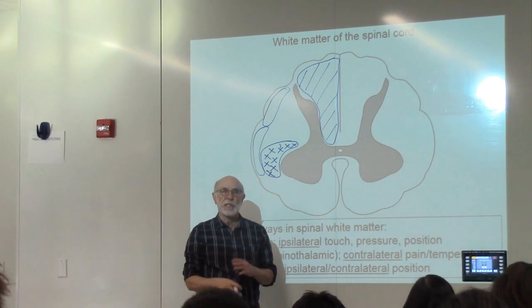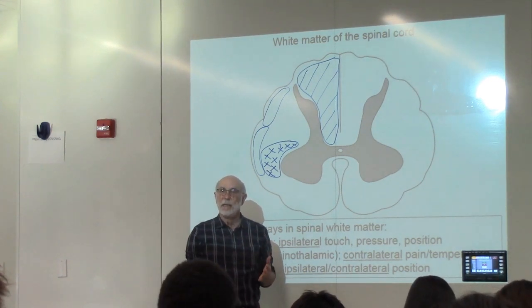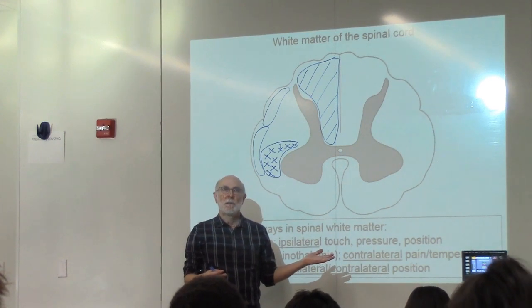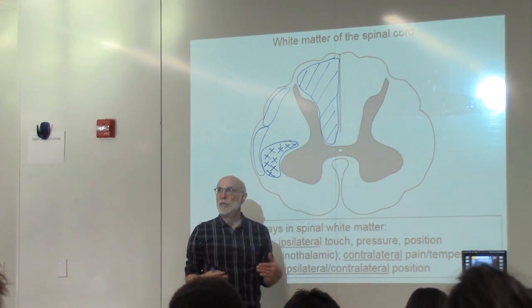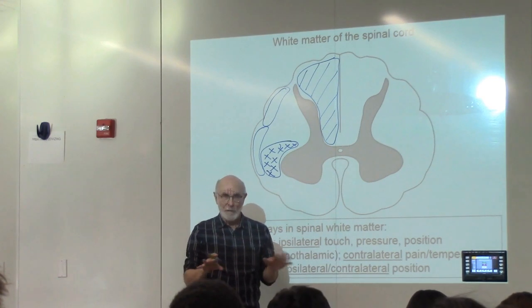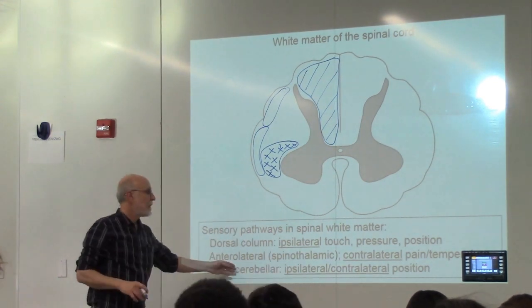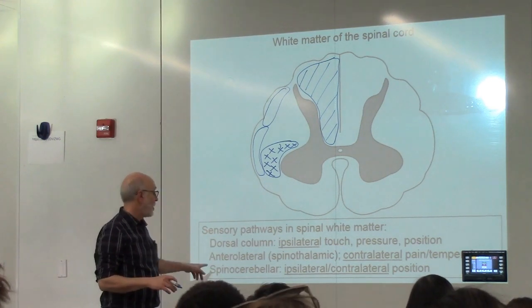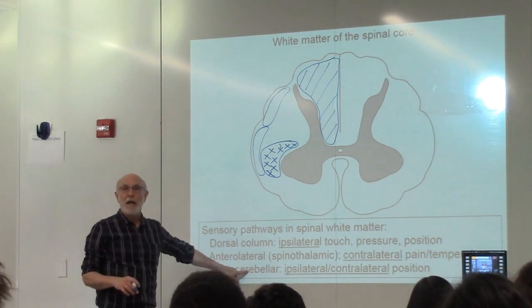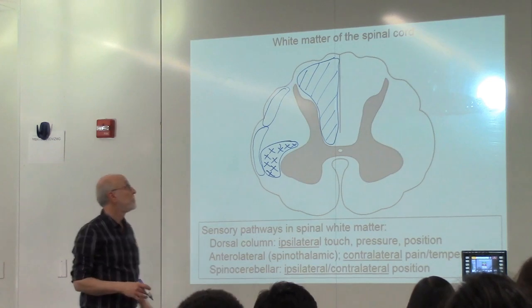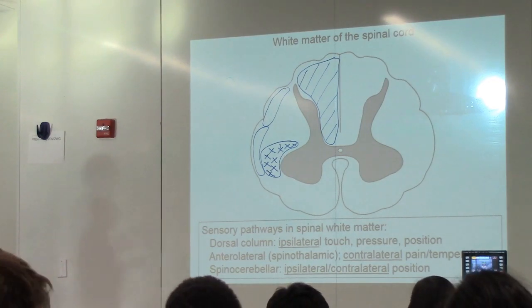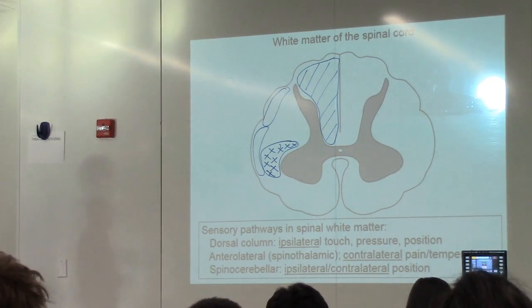I'm trying to be vague here because I don't care that you know that it's the posterior that is not crossed and the anterior that is double crossed. You don't need to know that. But some of it is ipsilateral information and some of it is contralateral information, going from the spine to the cerebellum, proprioception. And the rest of the space we're reserving for other things and for the motor system.